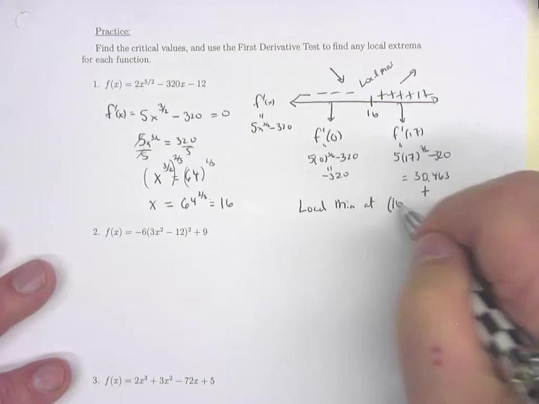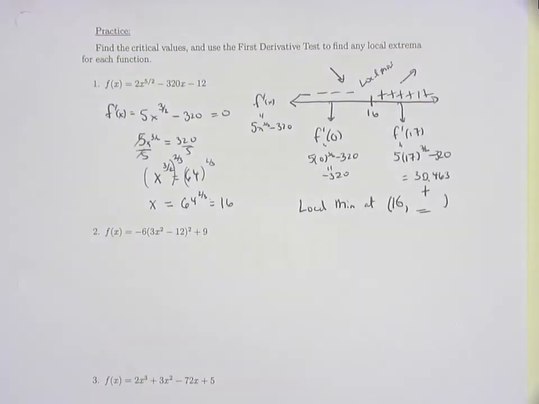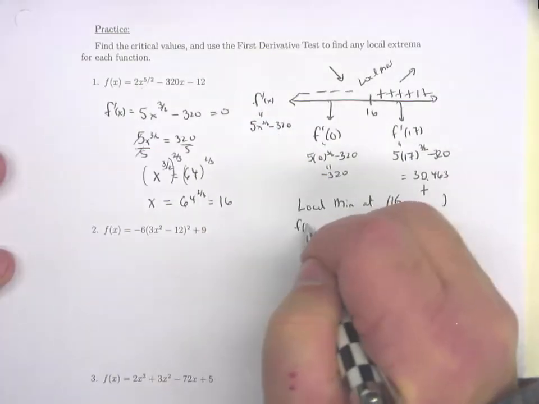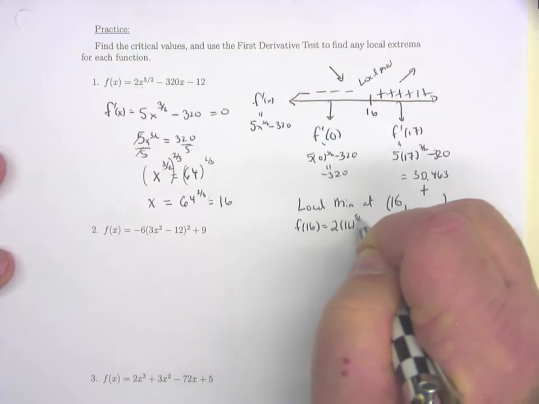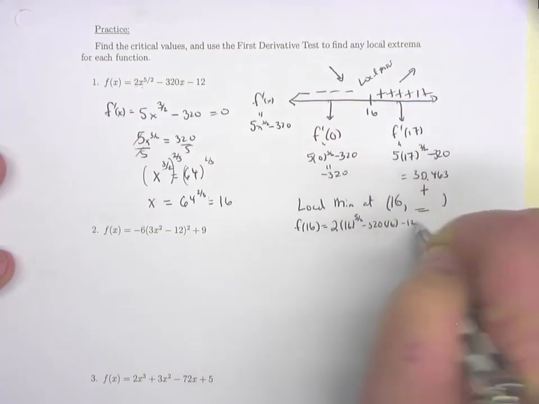And how do I get that y coordinate? What do I got to do to get the y coordinate? Plug it back into the original equation. So f of 16 would be equal to 2 times 16 to the 5/2 minus 320 times 16 minus 12.